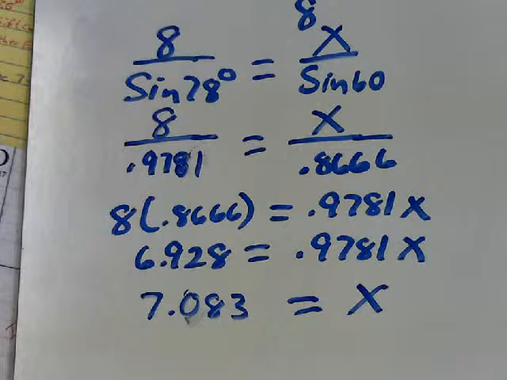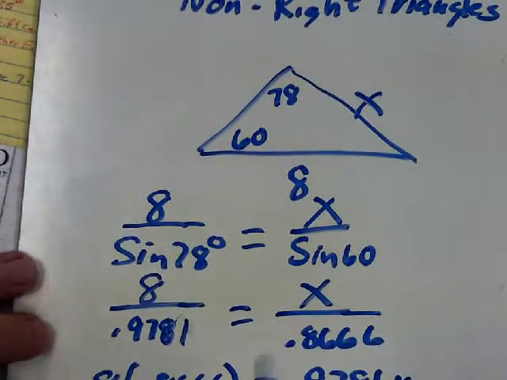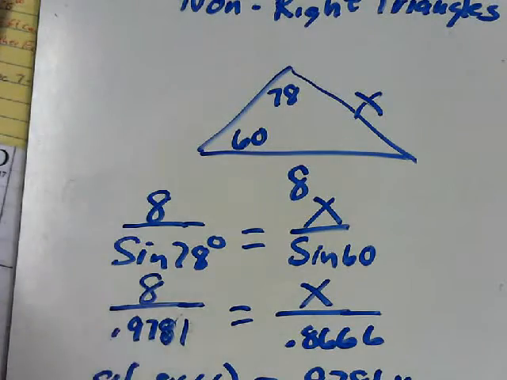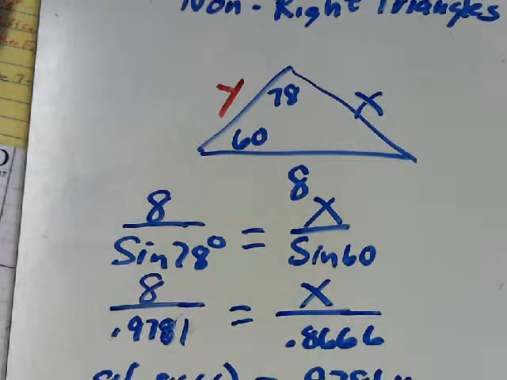So using law of sines isn't very difficult, is it? In this same problem, what if I was told to find y? Do the exact same thing pretty much. The first thing would be, I need to find the other angle, don't I? 180 equals 78 plus 60 plus the third angle. 42.